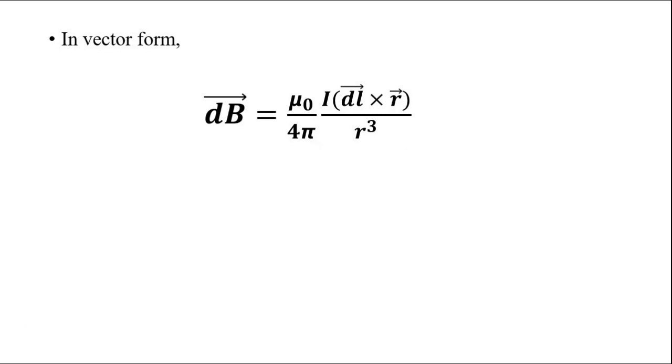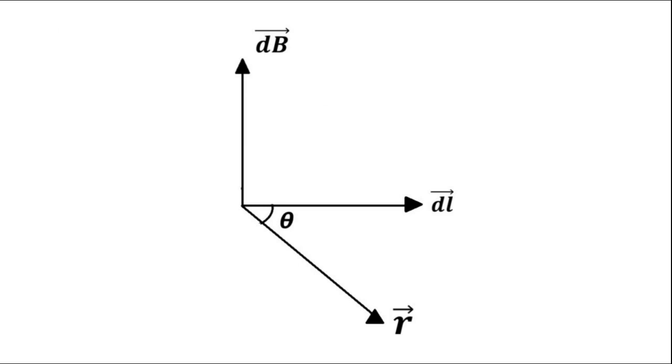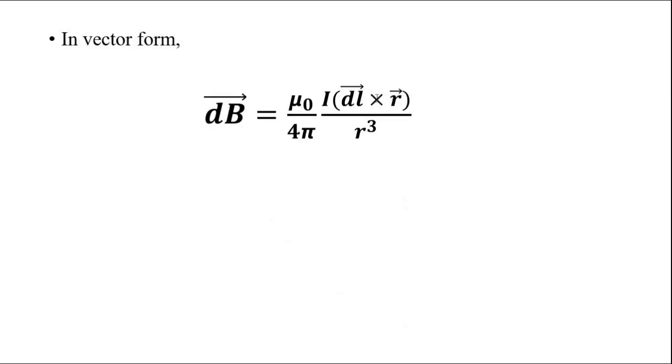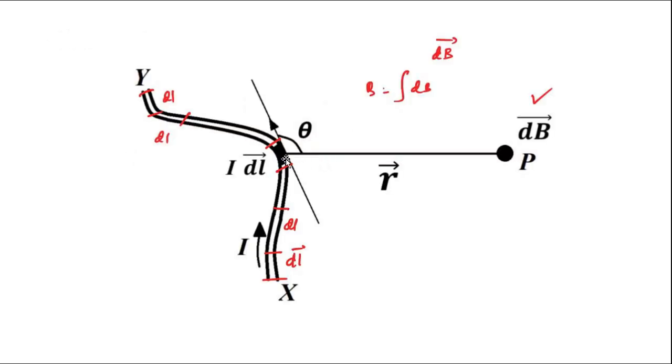As you can see, this is the cross product of the current element vector and the radial distance of that particular element from the point where we want to determine the magnetic field.